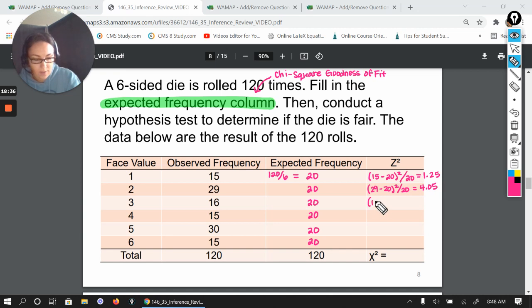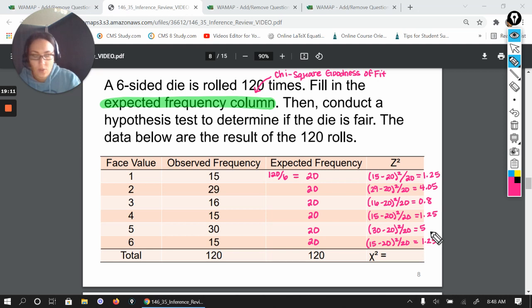The next one is 16 minus 20 squared divided by 20, and that equals 0.8. Next, 15 minus 20 squared again divided by 20 is still 1.25. Next, 30 minus 20 squared divided by 20 equals 5. And then 15 minus 20 again squared divided by 20 equals 1.25.